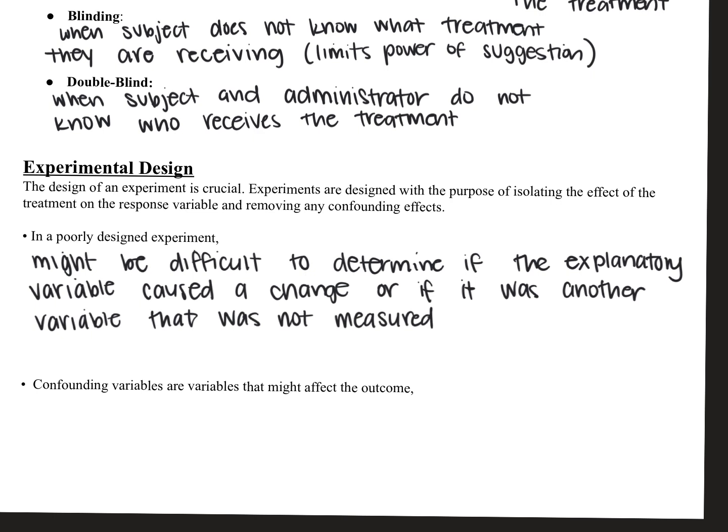So a confounding variable is a variable that might affect the outcome, but was not controlled or accounted for in the experiment.